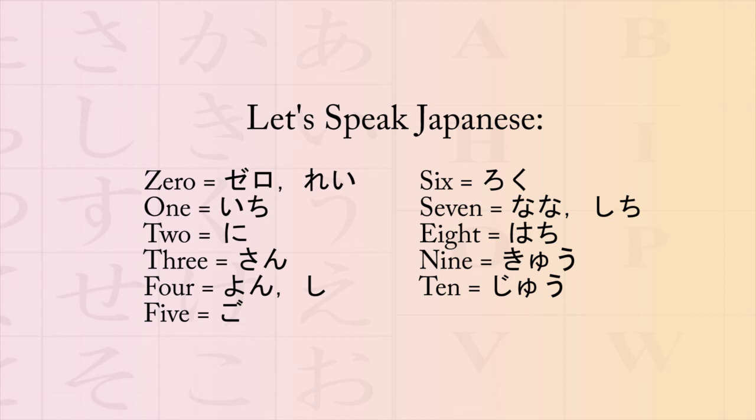Okay, so I hope you found that not too difficult to learn, and I hope you practice on this. Now, these are the numbers that you would use to basically recite counting from 0 to 10. In Japanese, depending upon what objects you count, you would sometimes modify the numbers and the counting system.